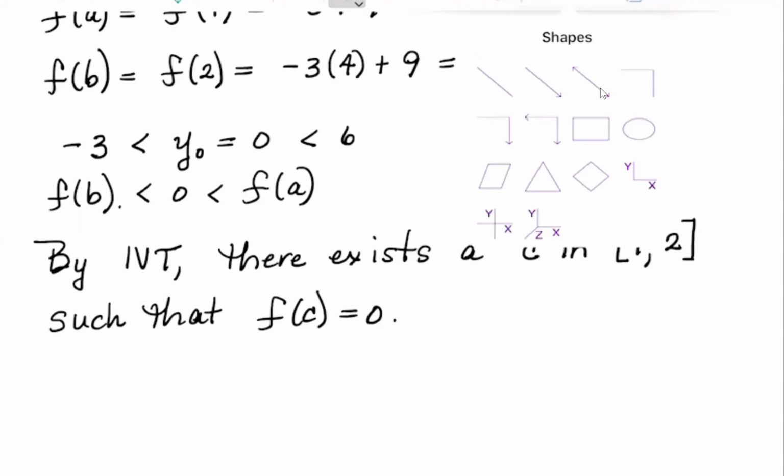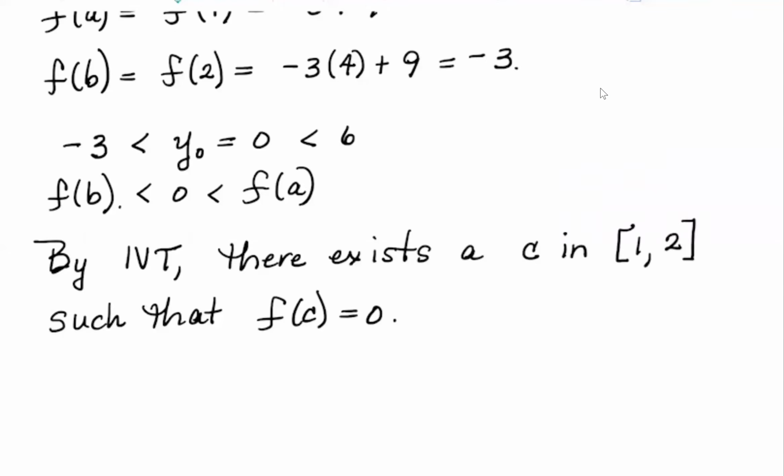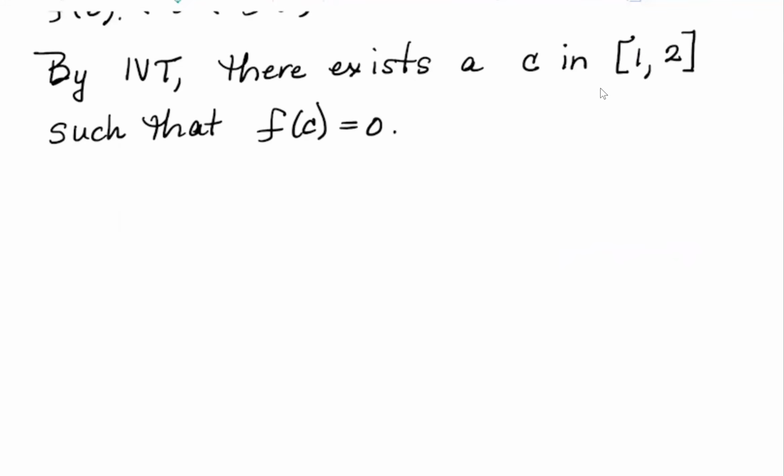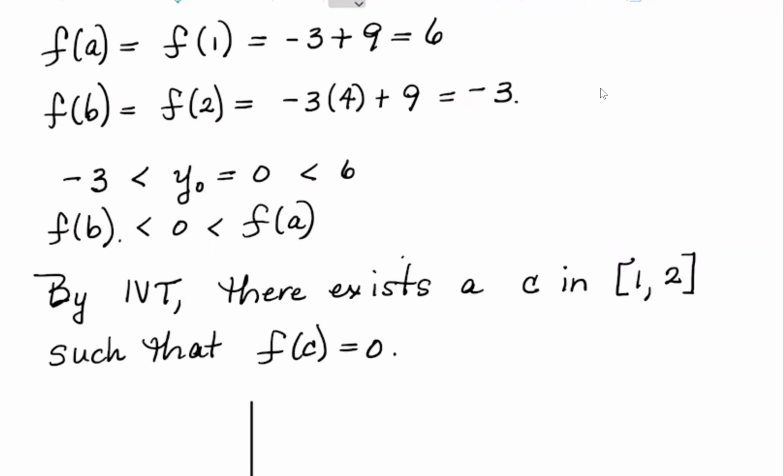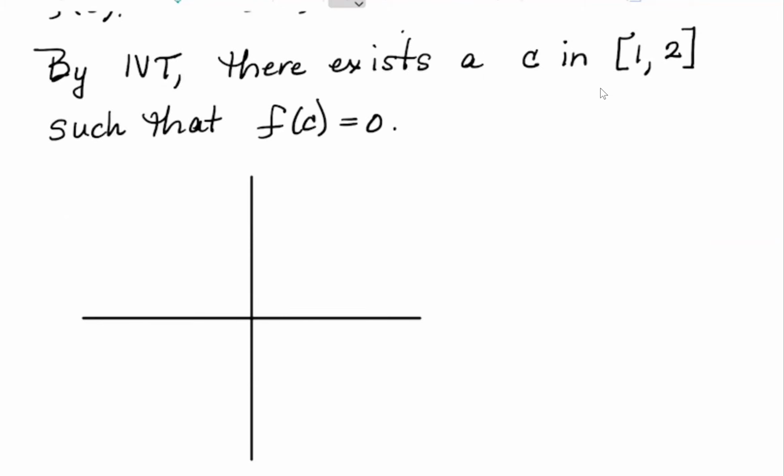If we want to look at this graphically, we have that f of a, or f of 1, was 6. And we have f of 2 is negative 3.